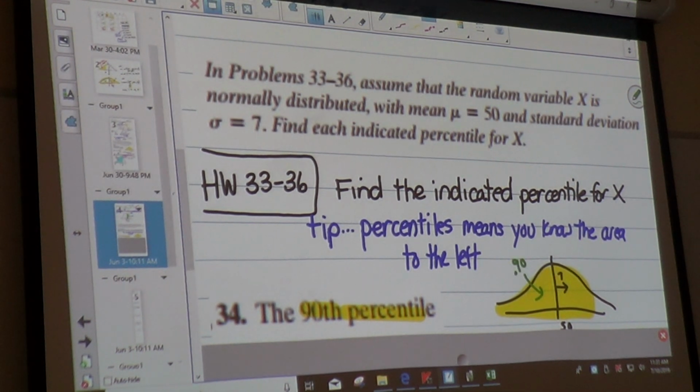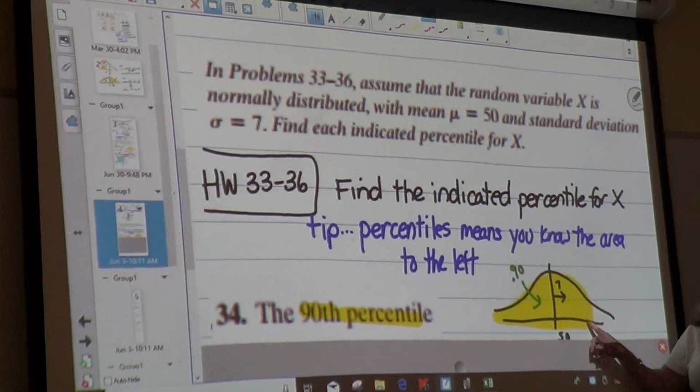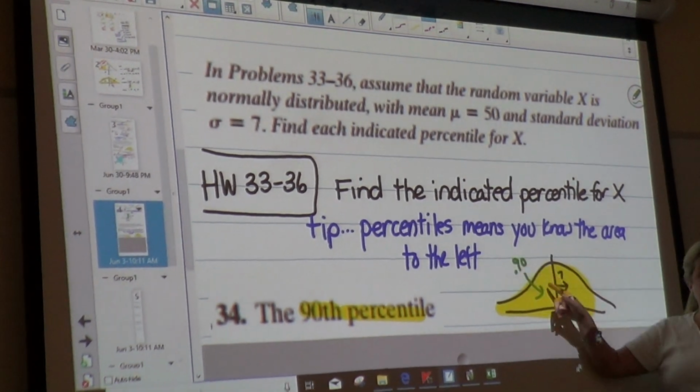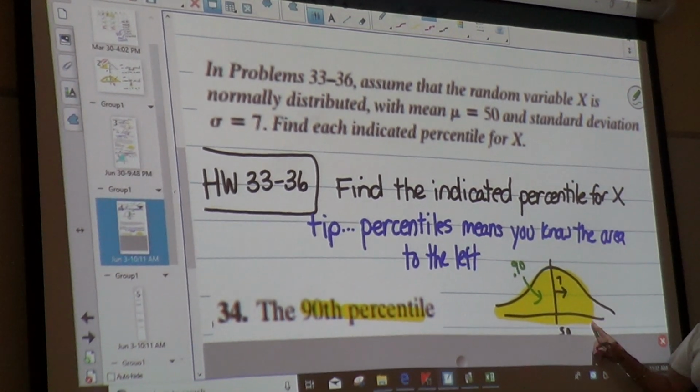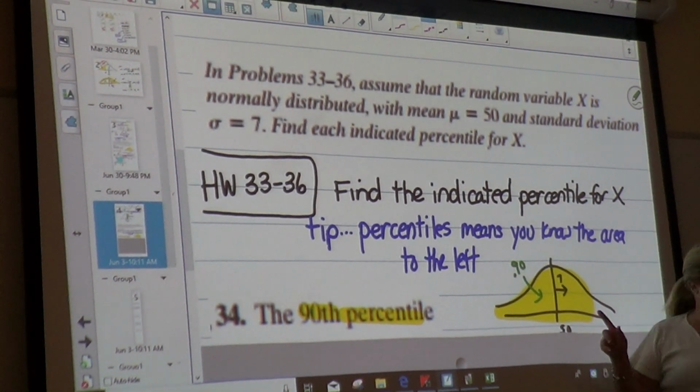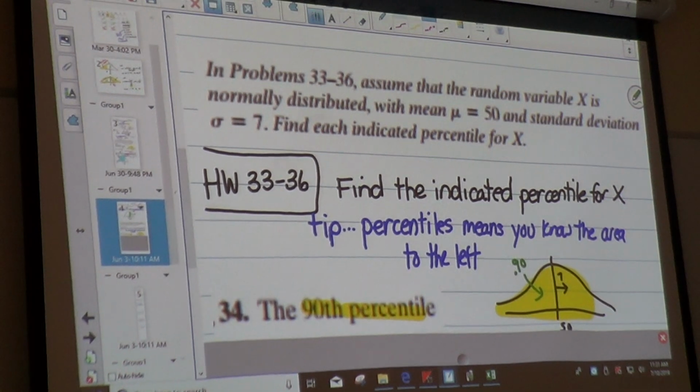So what do you think we're trying to find in this problem? We're trying to find the z-score because we were already given the percent shaded. So what are we going to do in this problem? Inverse norm.